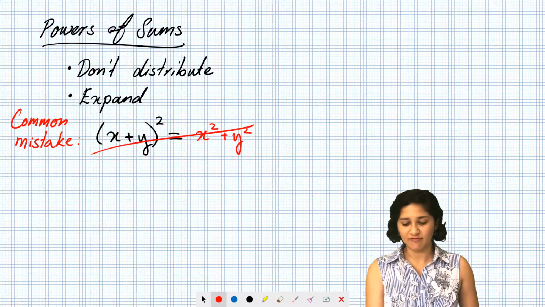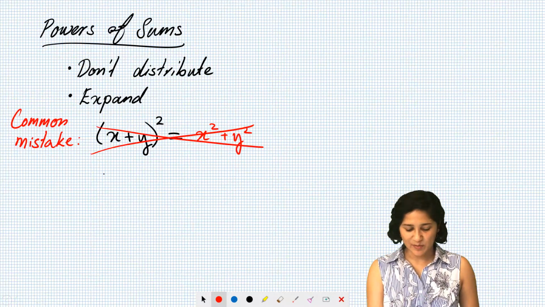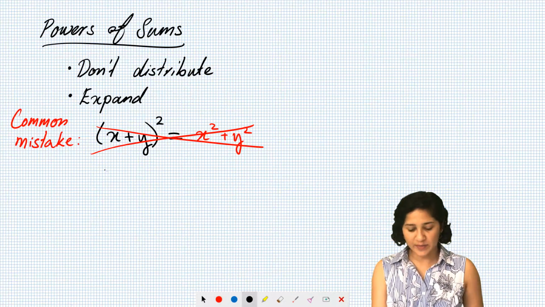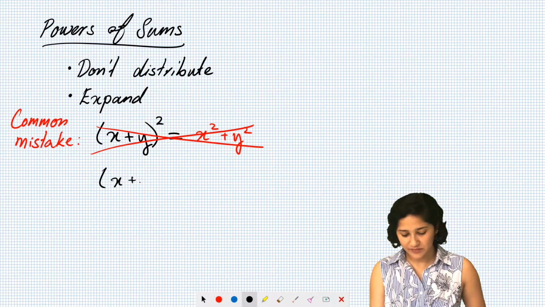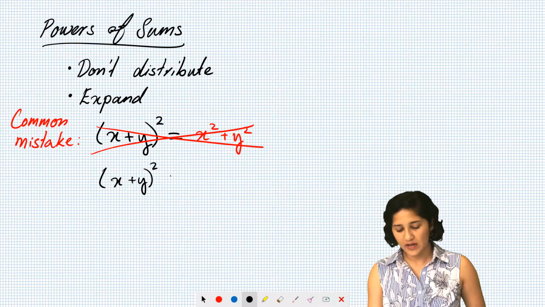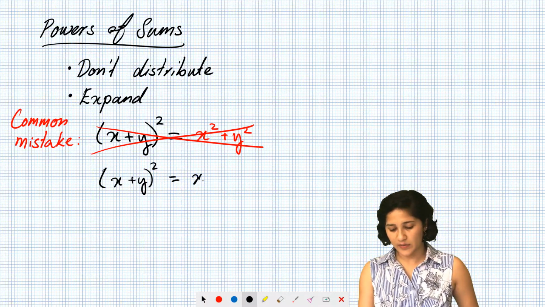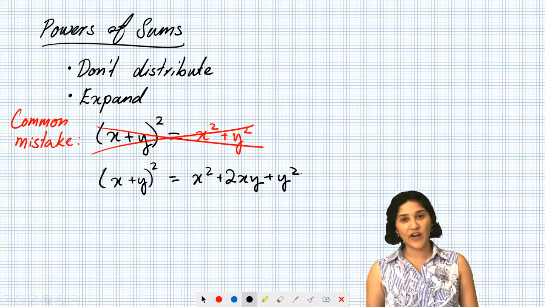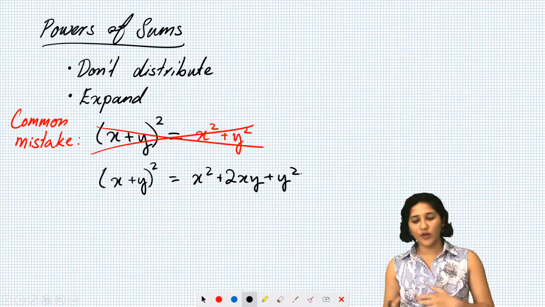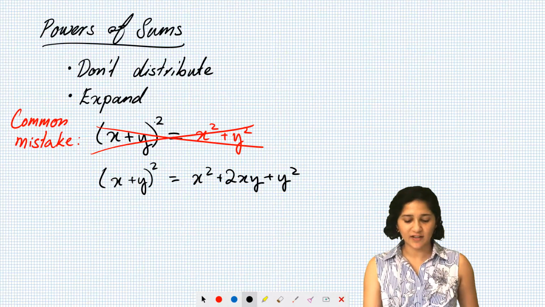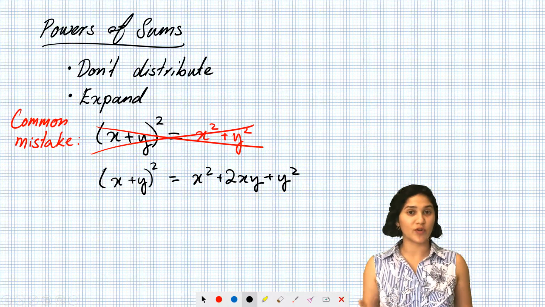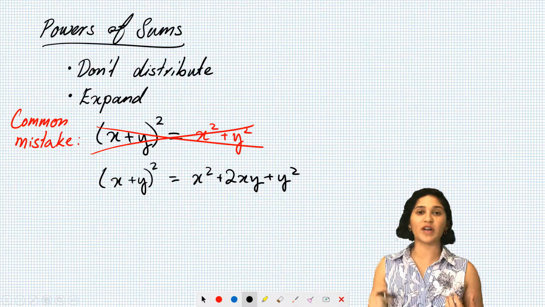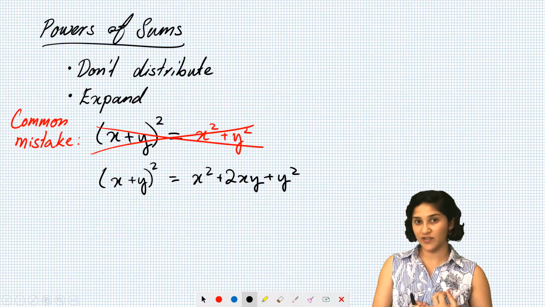But that's not right, okay? If you remember, when we have something like this, we have to expand. And it ends up being x squared plus 2xy plus y squared. All right? So make sure you don't fall into that trap of thinking that the index just distributes over addition. It doesn't. It only works with multiplication or division.